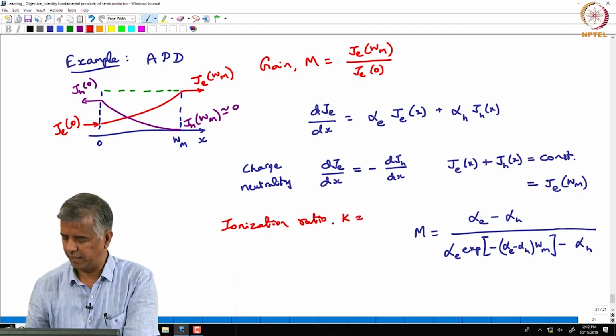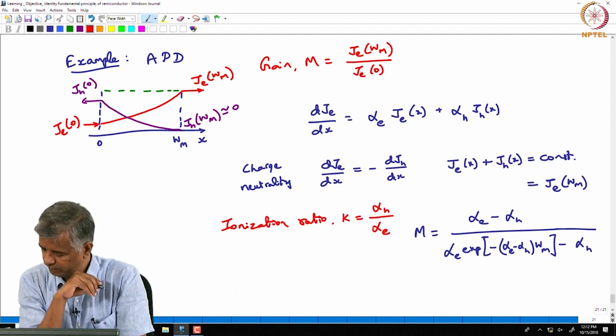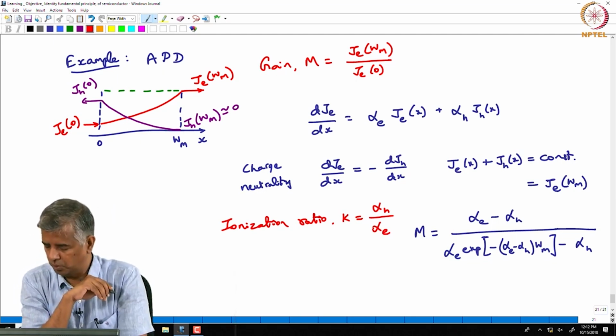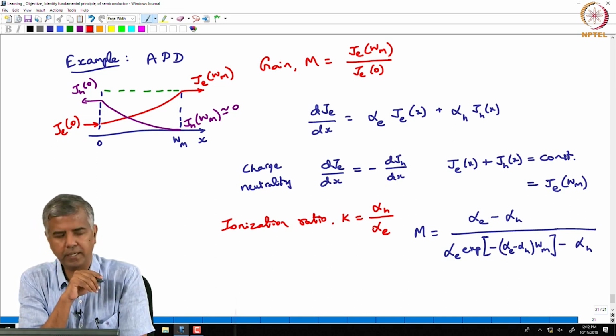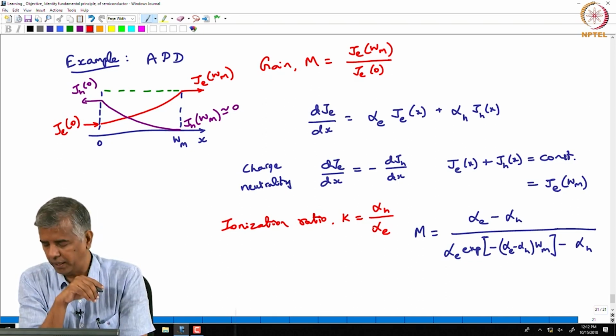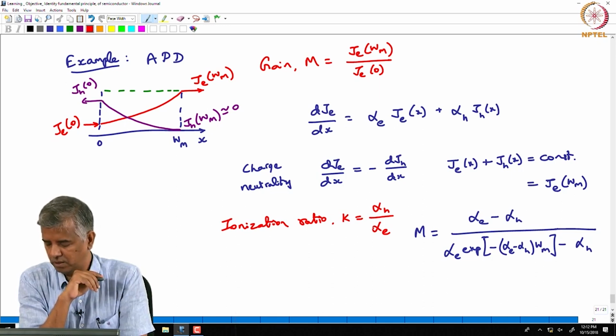Let us call that k, such that this is given by alpha h over alpha e. So, what does that mean? It is a ratio of the impact ionization coefficient for holes divided by impact ionization coefficient for electrons.